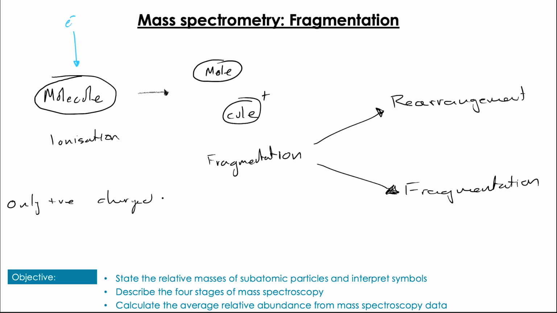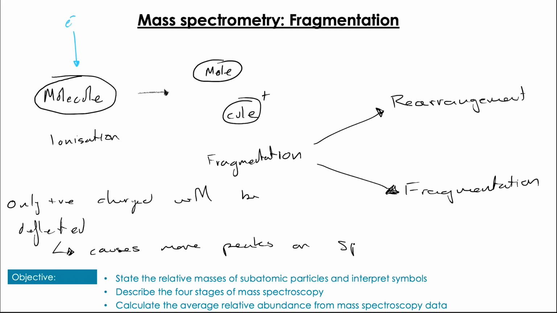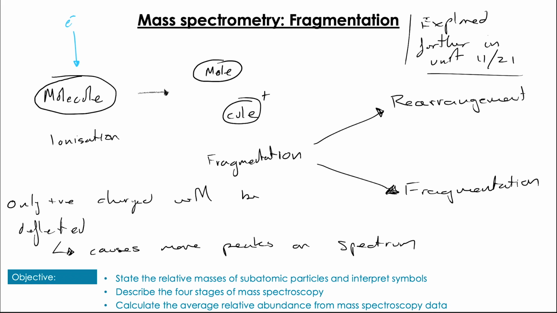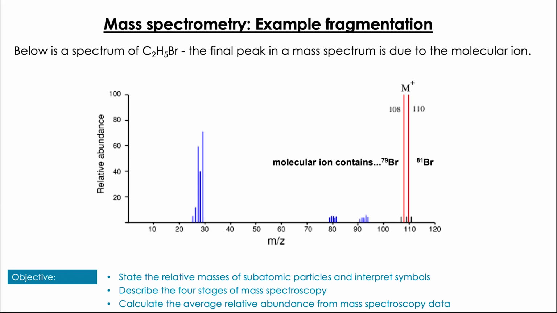It's important to recognize that only the positively charged ions will be detected, of course, because they still have to follow the same path and still have to be deflected, but these will all be picked up in our final spectra, and this causes more peaks in the spectrum. We're going to go into more detail in Unit 11 on this, but an example here is of bromoethane. You'll see the molecule here, C2H5Br.